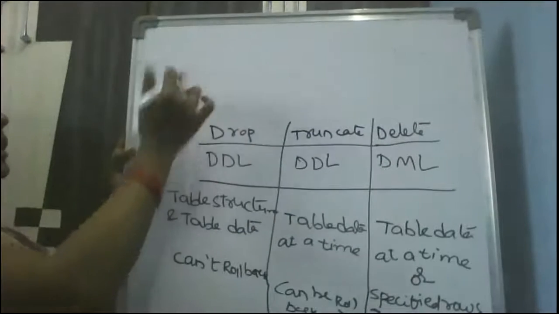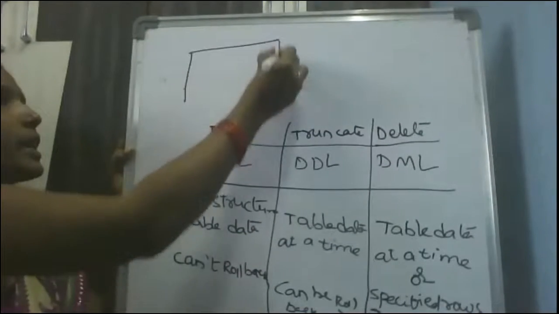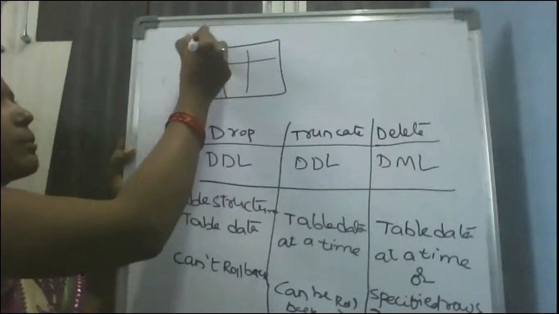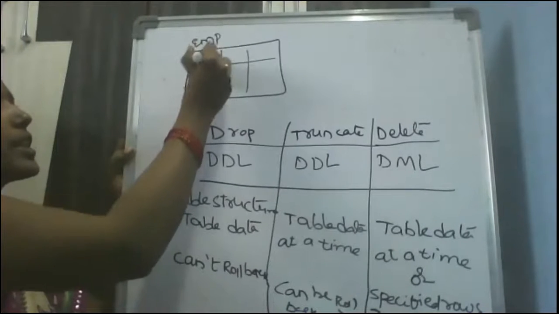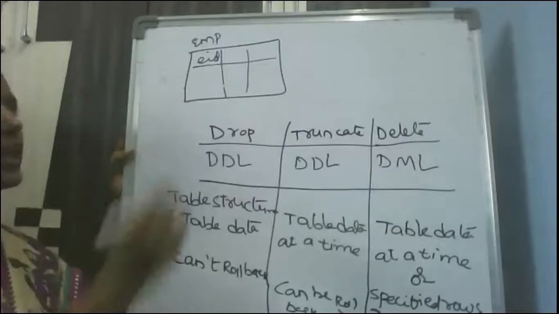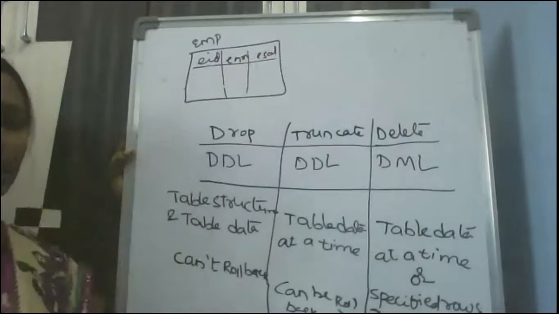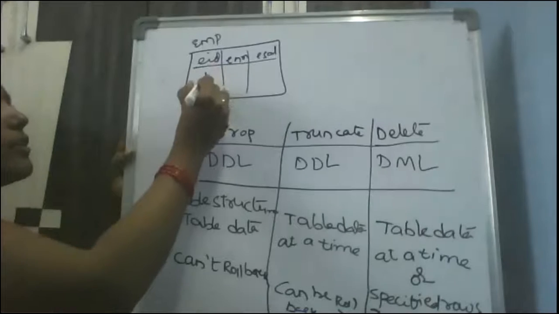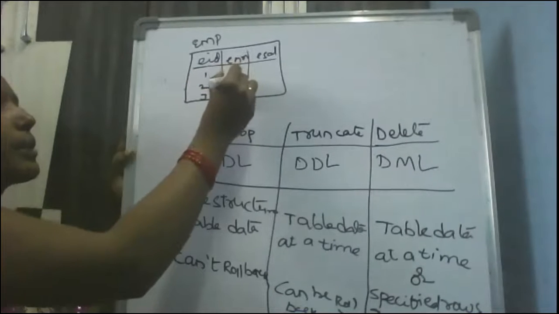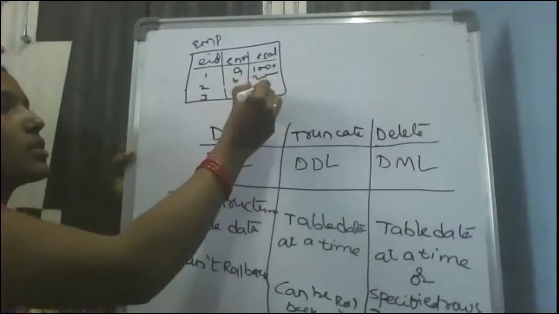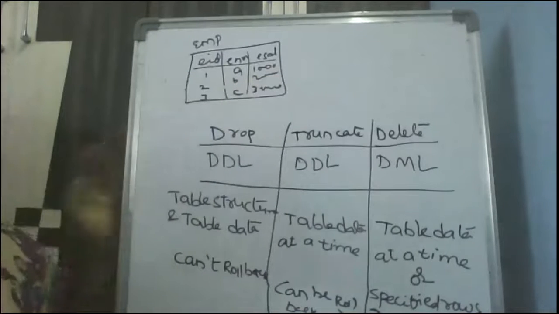Now I'm drawing a table. This is my employee table. In this I have employee ID, employee name, employee salary. Employee IDs 1, 2, 3, employee names A, B, C, and some salaries 1,000, 2,000, and 3,000.